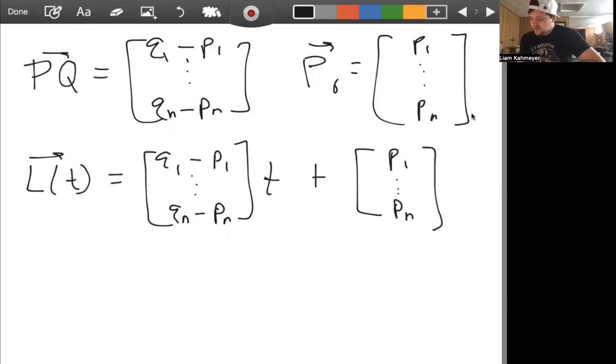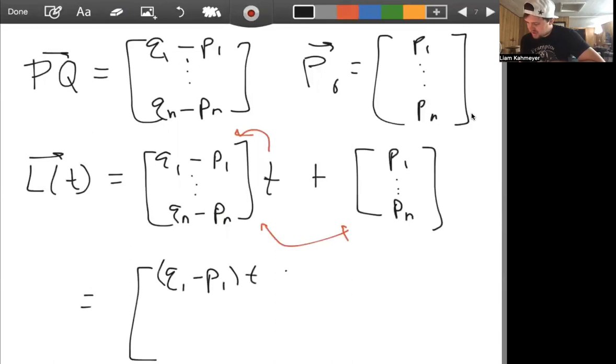We can be more explicit because we know how to multiply a vector by a scalar, and we also know how to add two vectors. So this would then become Q1 minus P1 times T plus P1, et cetera, Qn minus Pn times T plus Pn.